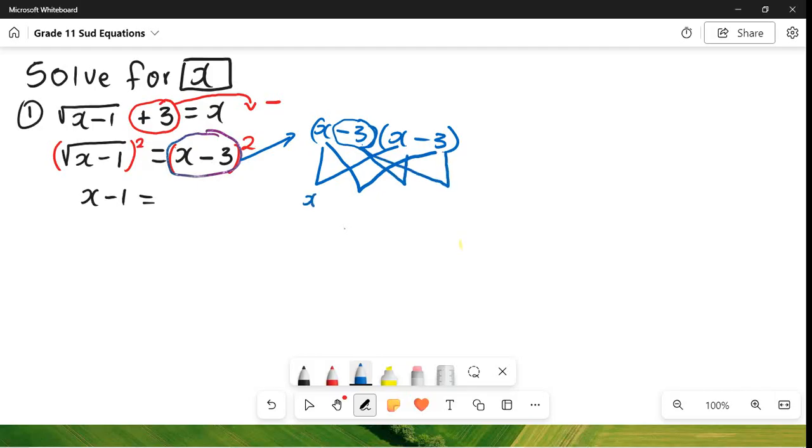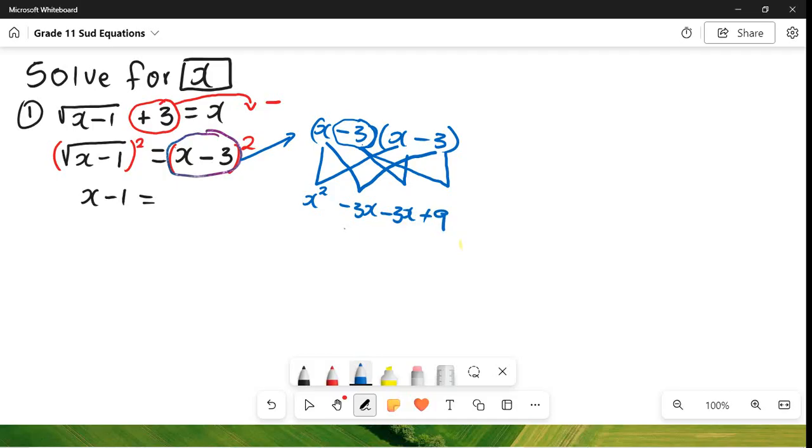Here we're going to have x squared, that's x times x is x squared, and x times minus 3 is minus 3x, and minus 3 times x is minus 3x. Minus 3 times minus 3 is positive 9.